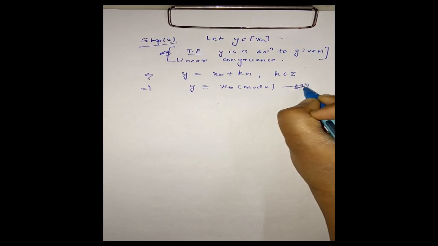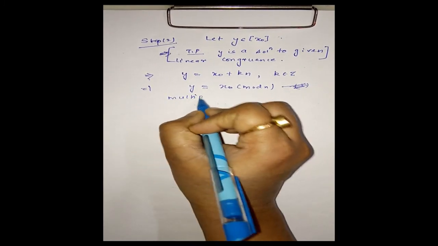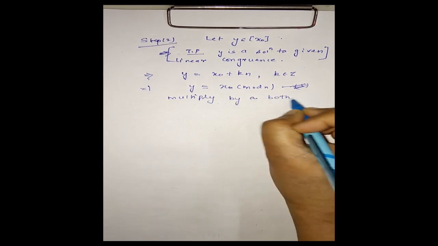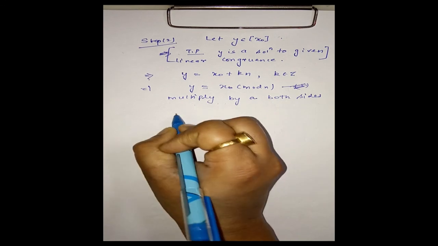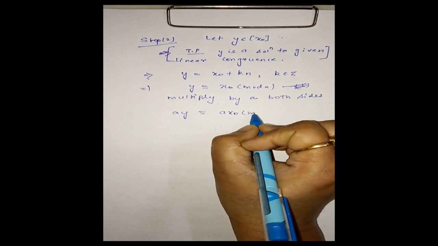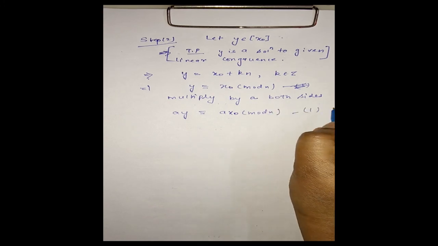Before marking this, let us multiply by a both sides. This will give us ay is congruent to ax naught modulo n. Clear? Now mark this as equation number 1.